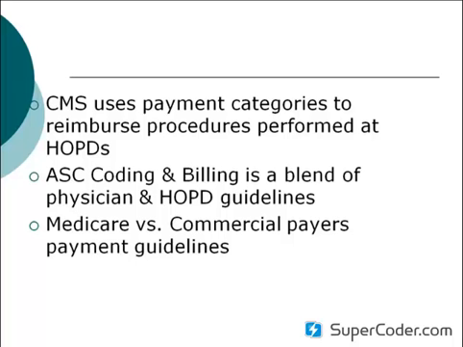Now, CMS uses payment categories to reimburse procedures performed at HOPD, and those are called APCs. Within the APC, they've grouped procedures that they believe cost a facility about the same amount to perform. So they grouped procedures by cost and complexity in order to assign a value to each APC.